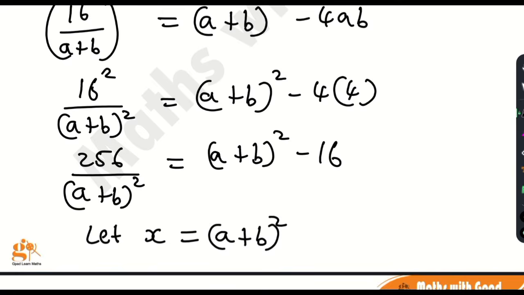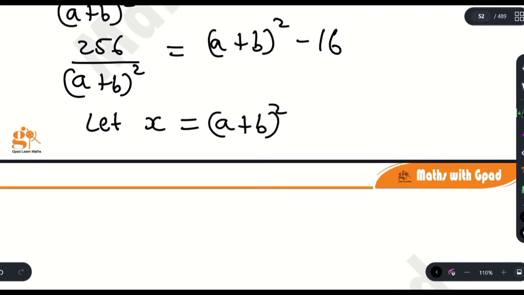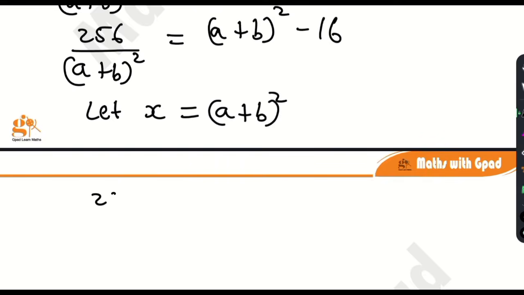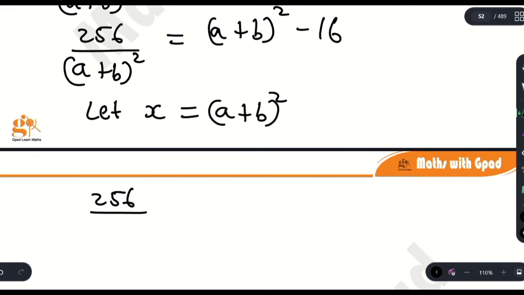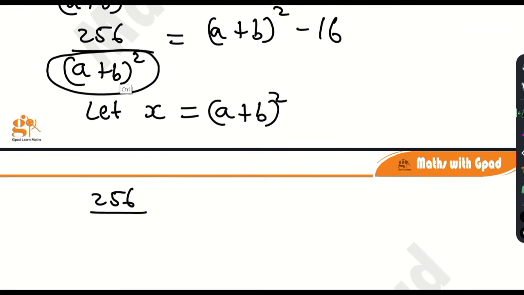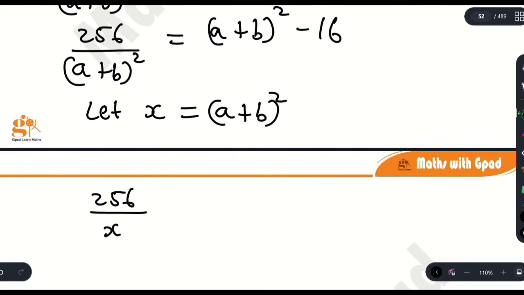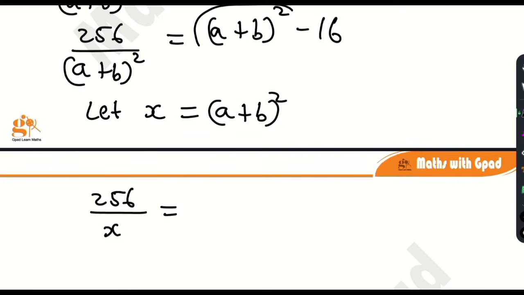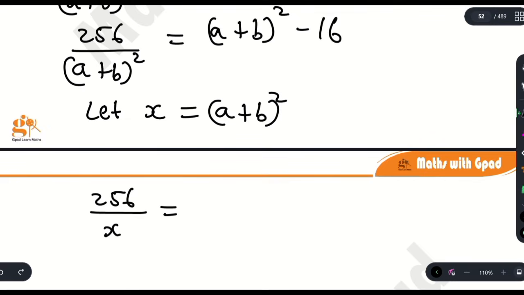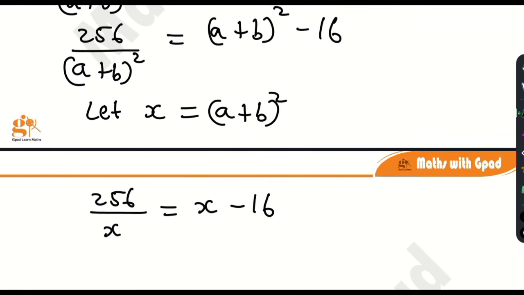If x is equal to (a + b)², I'll plug it back into the equation. So I will have 256 over, no longer (a + b)², but x. And this is equal to, (a + b)² will be x again, then minus 16. You see how simple this equation looks.